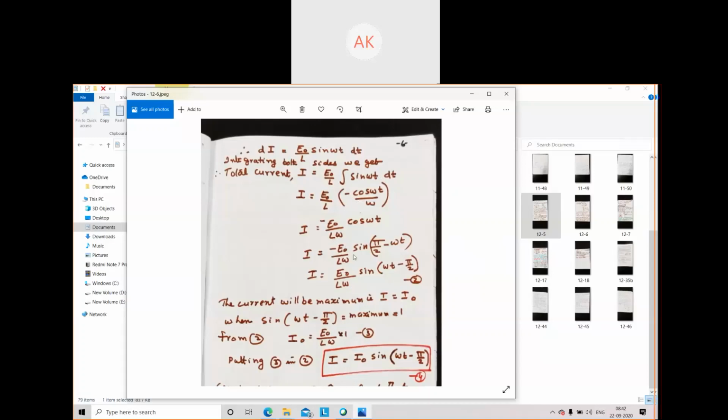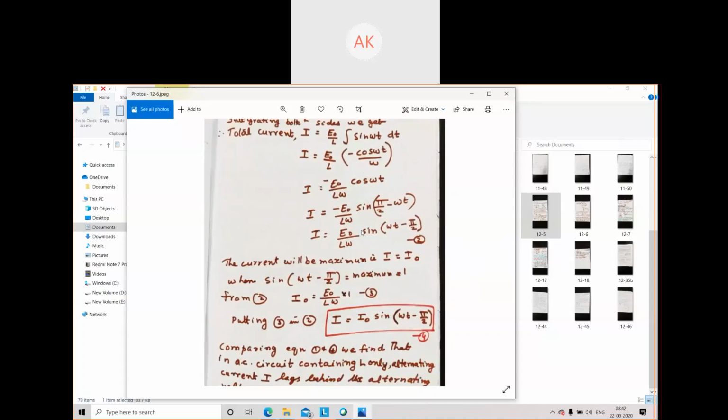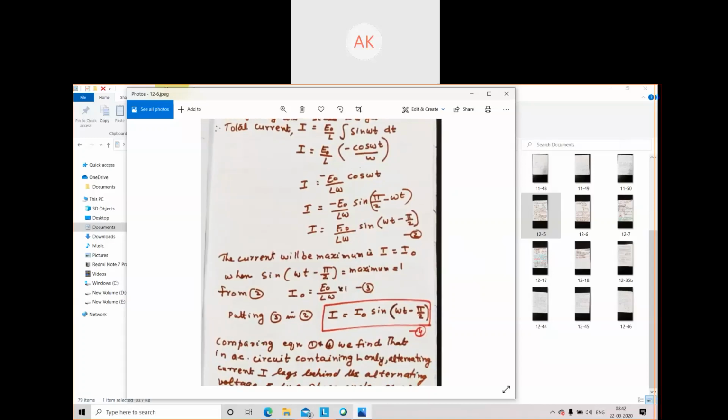All this I explained. If you have a doubt in this step, you can ask. Anyone? Any doubt in these steps? You can tell me. See this, we got this expression and cos omega t is changed into a sine function, and we selected pi by 2 minus omega t because we have to get an expression with positive omega t.